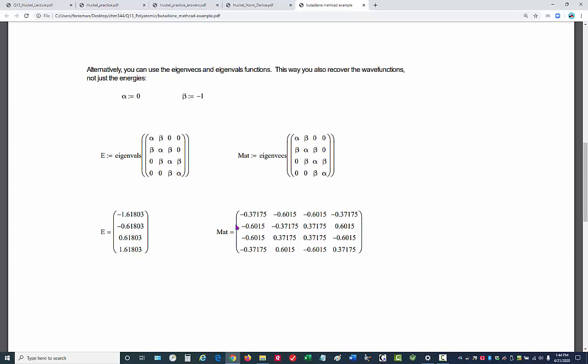There's a function called eigenvals available within MathCAD, and it will solve and find you those very same roots that we found before.